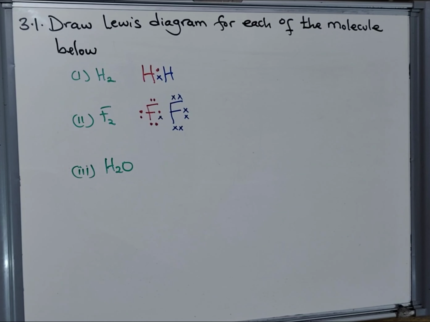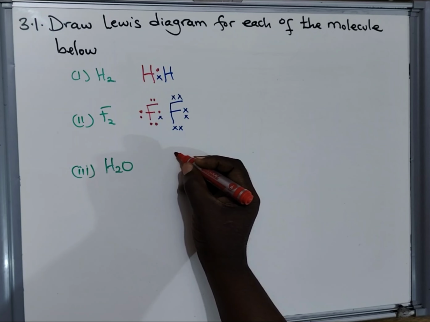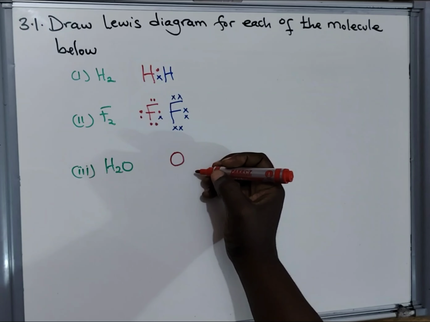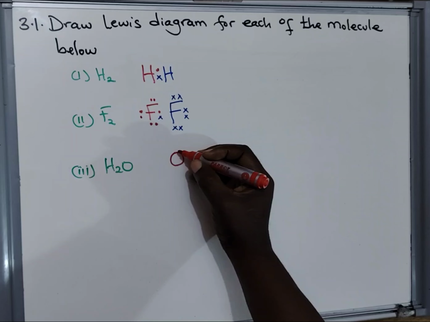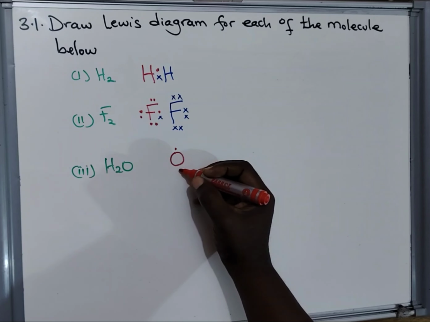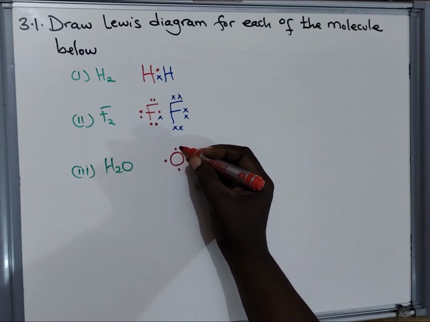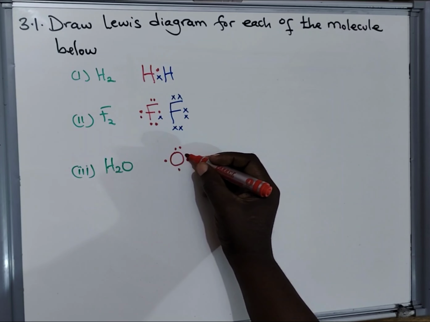Now we come to water. What do you know about water? Water has a central atom, which is oxygen. Oxygen belongs to group 6, which some people call 16. So it's going to be 1, 2, 3, 4, 5, 6.